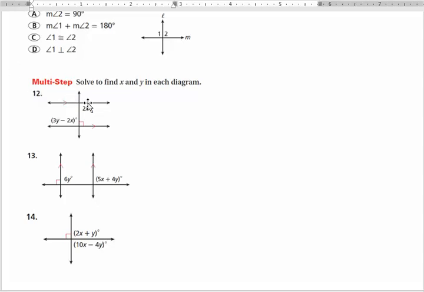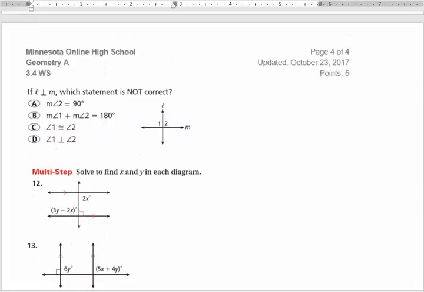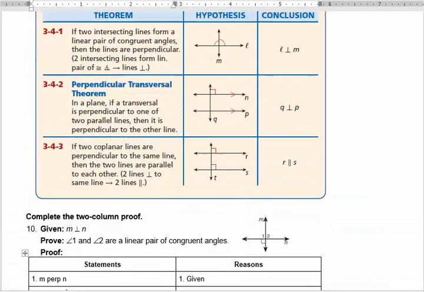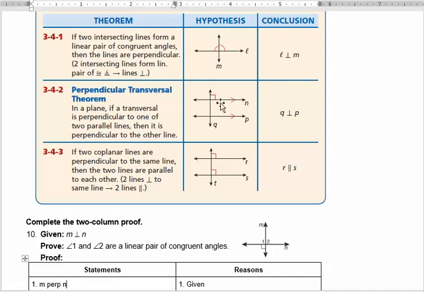So here we have parallel lines, and we have that one of the lines is perpendicular to the other one, which means that I could use the theorem that says that if they are perpendicular to one line, it's also going to be perpendicular to the other line.